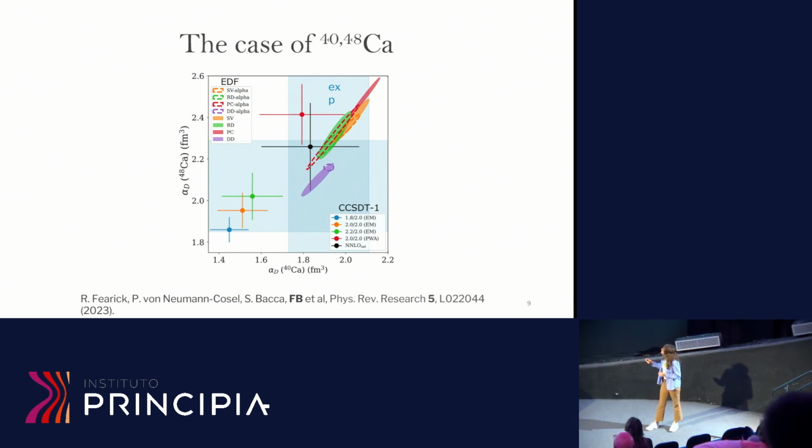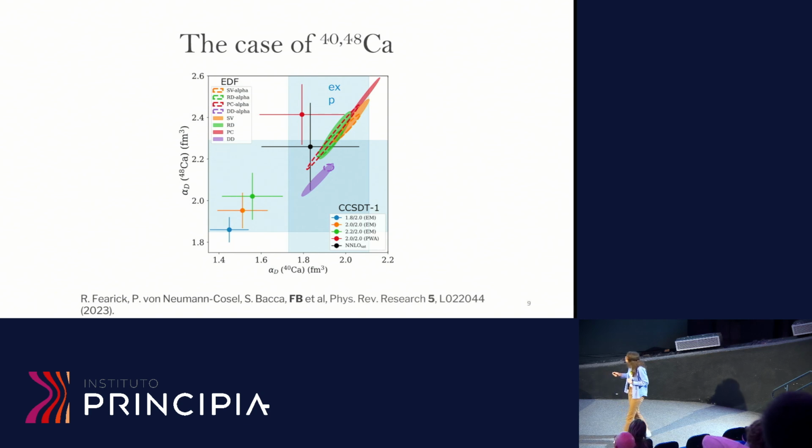In particular, in blue, you see the experimental results. The colored crosses are coupled cluster calculations with different interactions. And the ellipsoids here are instead energy density functional theory calculations employing different functionals. There are two important things to notice here.